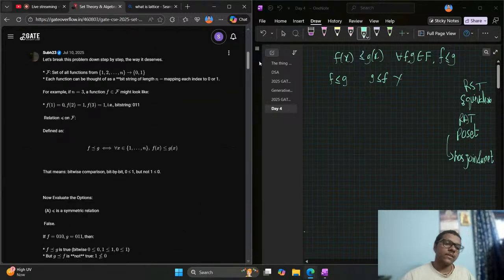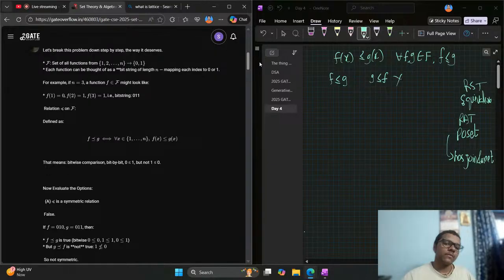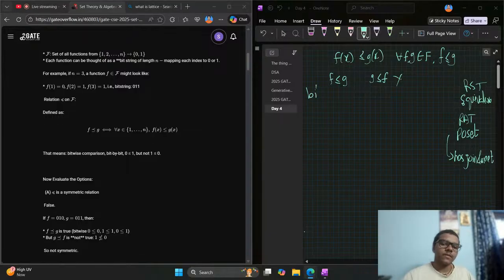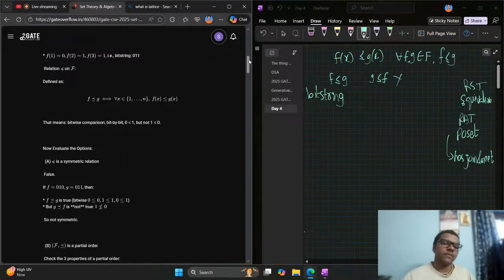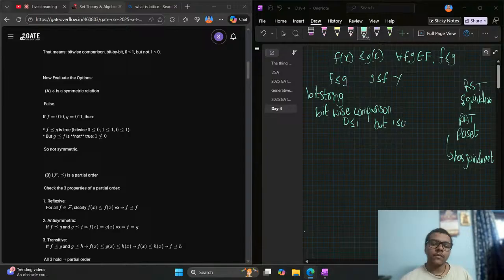Let's see. Let's break down this problem. Which function can be thought of as a string of length n? Bit string. That is a good intuition, actually. Bitwise comparison. Nice, man. 0 is less than or equal to 1, but 1 is not less than or equal to 0.